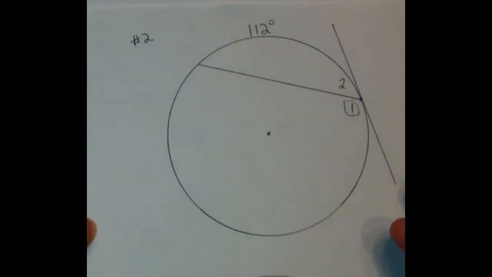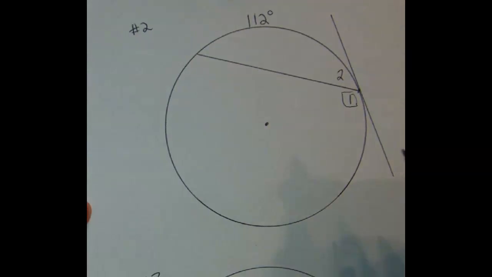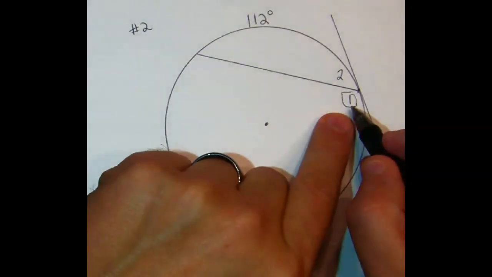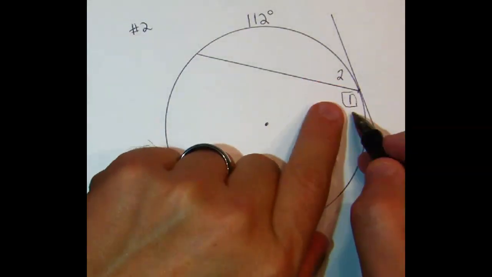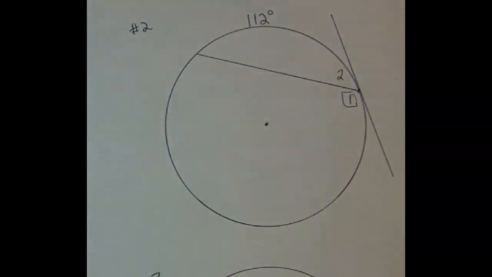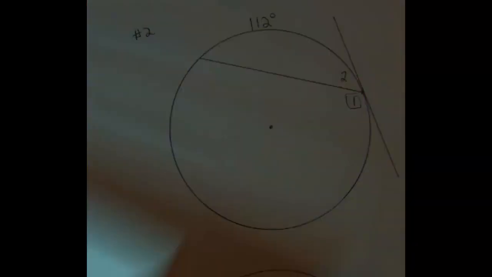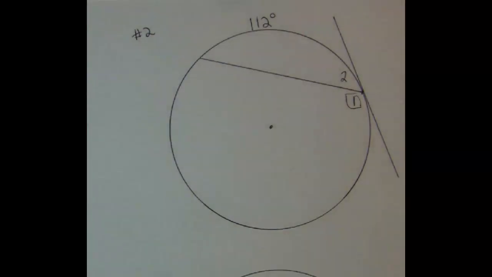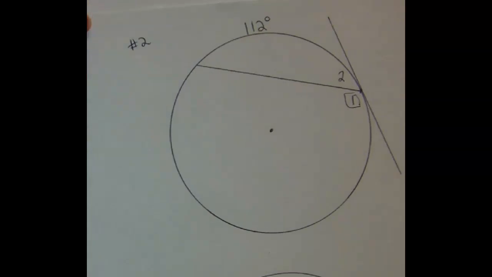When you do number 2, you are going to look for angle number 1. It will have 1 and 2 in the problem, but I just need you to help find angle 1. You have 2 ways of working this problem. I'm going to show you both ways, so you pick the way that you like the best. You'll get the same answer regardless.